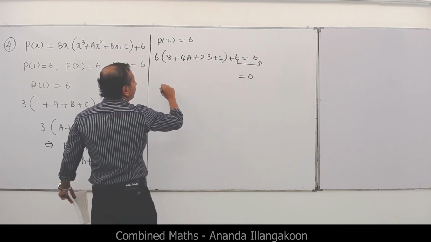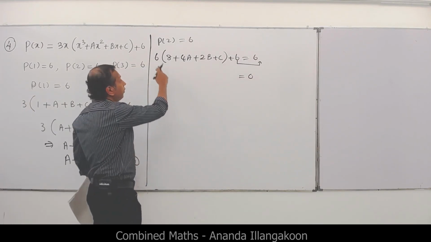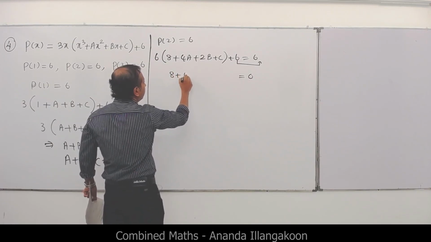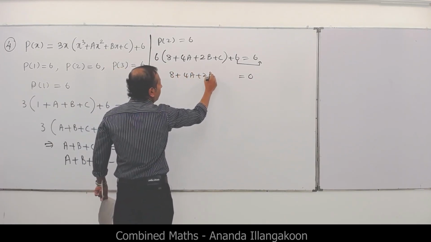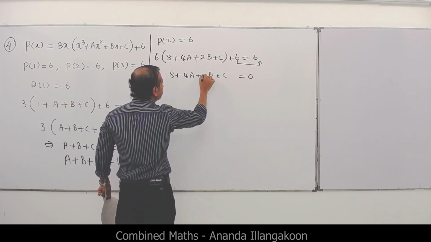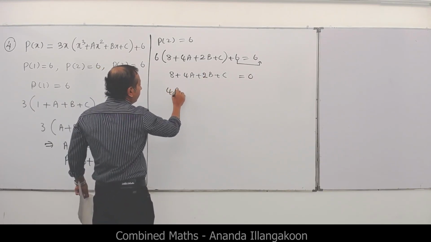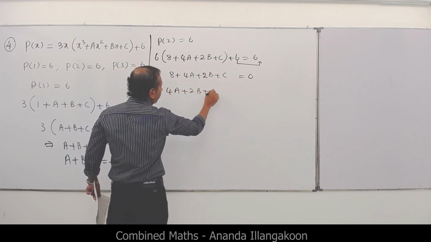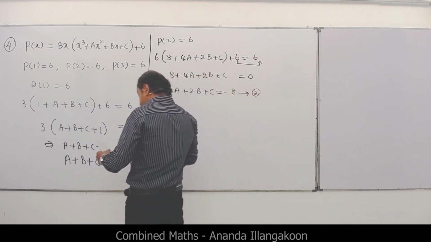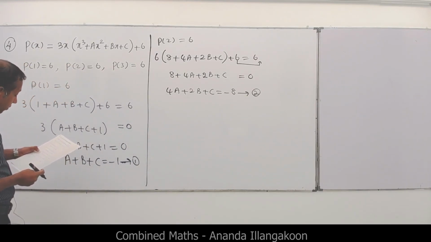Then this into this product should be 0, and this is not 0, therefore this should be 0. I write that directly: 8 plus 4A plus 2B plus C should be equal to 0. That gives, taking this 8 to the right hand side, 4A plus 2B plus C is equal to minus 8, number 2.